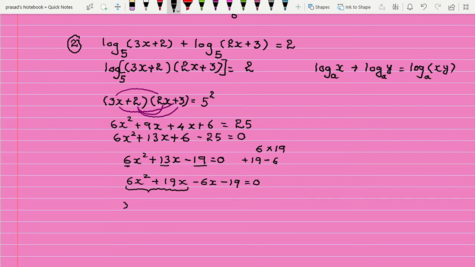Only x. So inside you will get 6x plus 19. As I already told you, in the factorization of quadratic, always take the sign of the third term common, so minus here, and from 6x and 19 you can take only one common, so it will be again 6x plus 19.